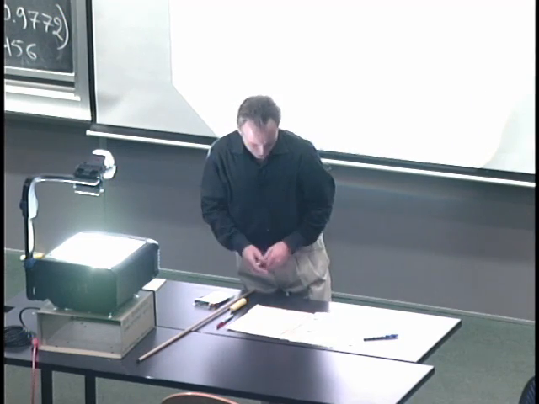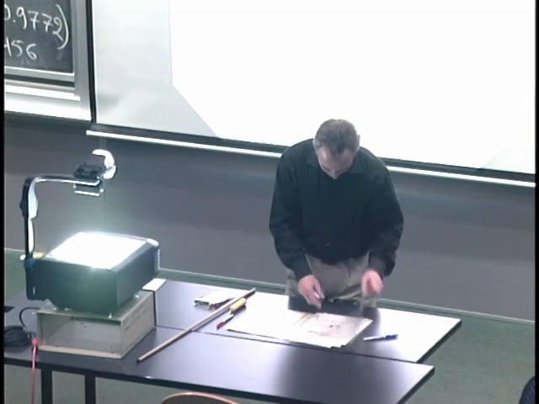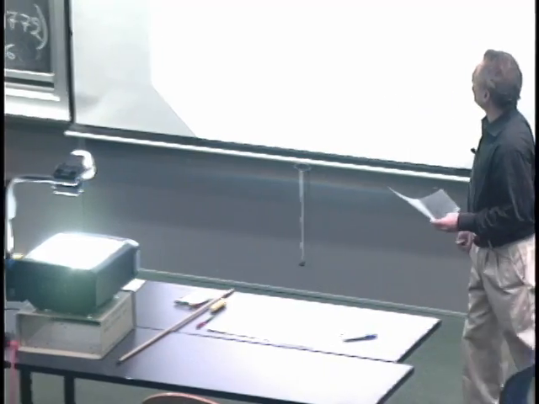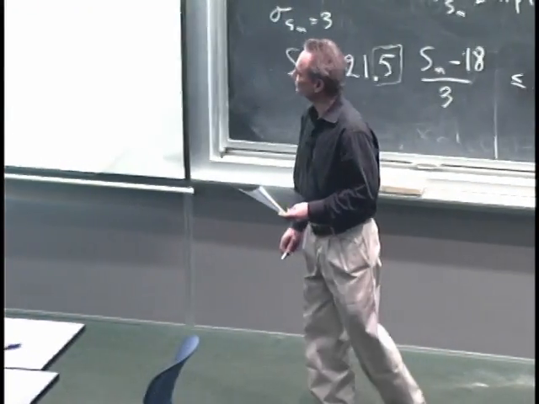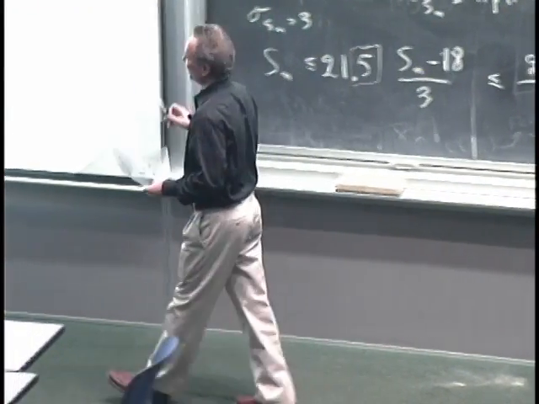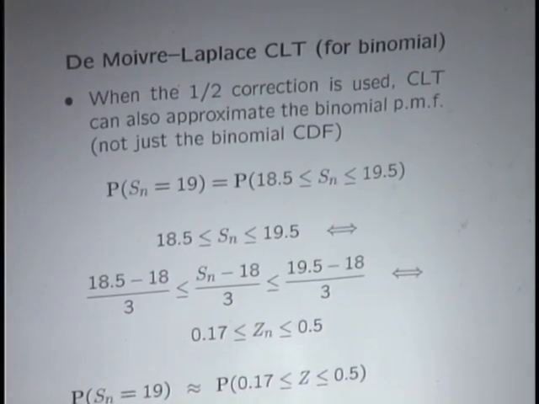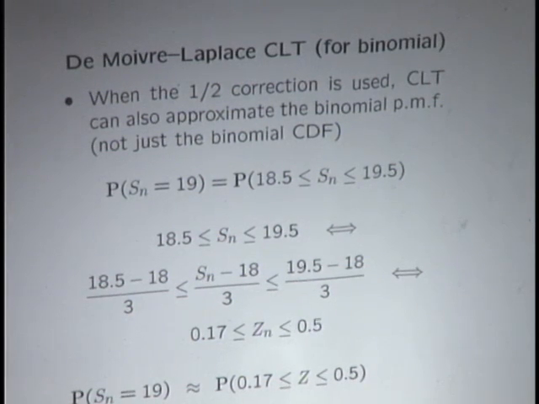In fact, we can use this 1/2 idea to even calculate individual probabilities. So suppose you want to approximate the probability that Sn is equal to 19. If you were to pretend that Sn is normal and calculate this probability, the probability that a normal random variable is equal to 19 is 0.